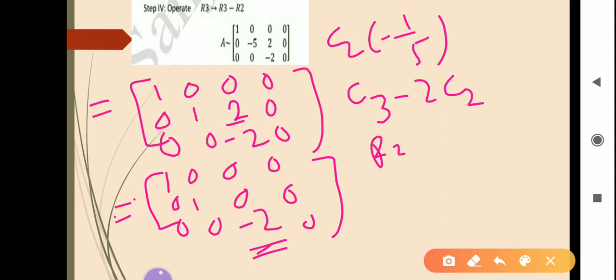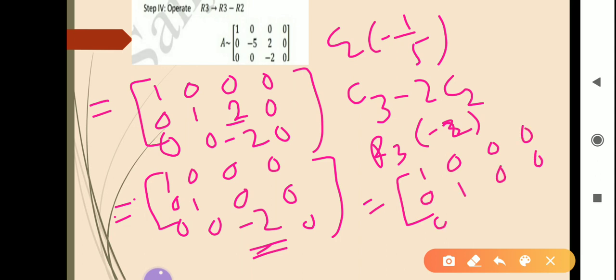So if we use here operation say R3 into minus 2, okay, then this matrix becomes 1 0 0 0, then 0 1 0 0 0 0 1 0. Now what is this? If you observe this 1 0 0 0 1 0 0 0 1 means this.